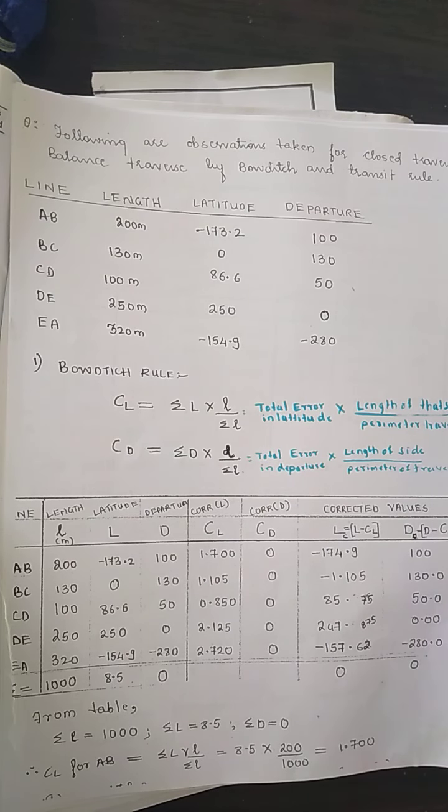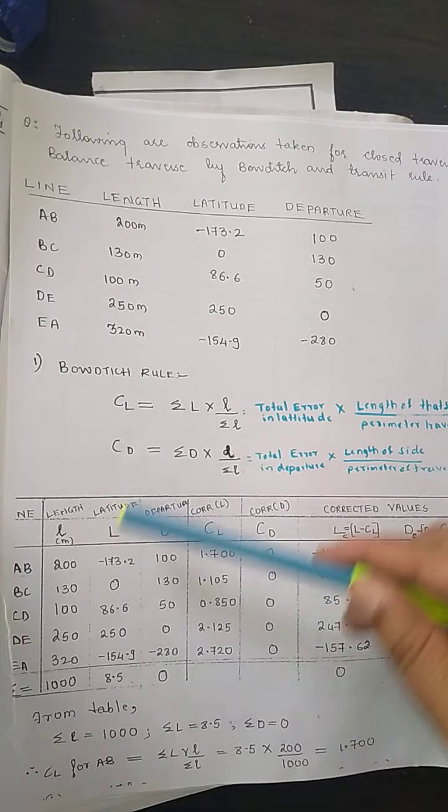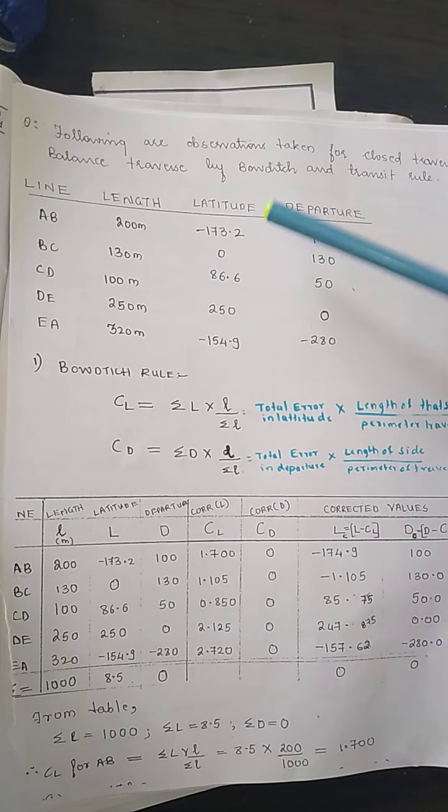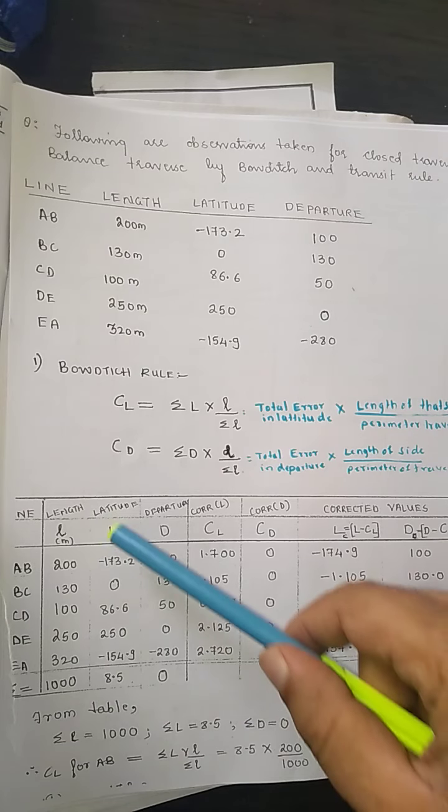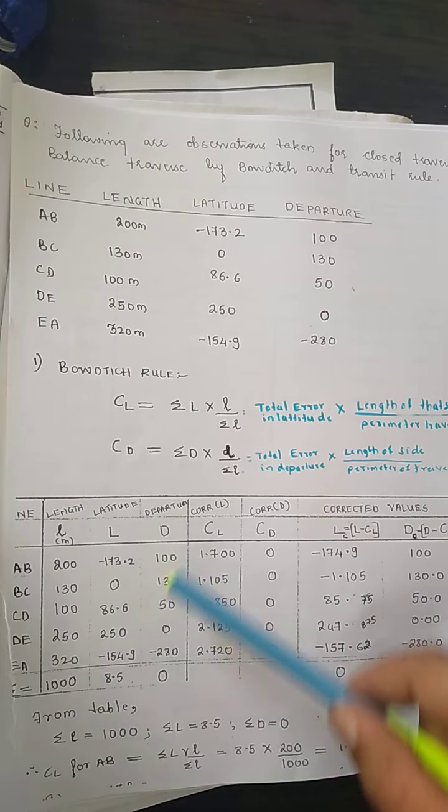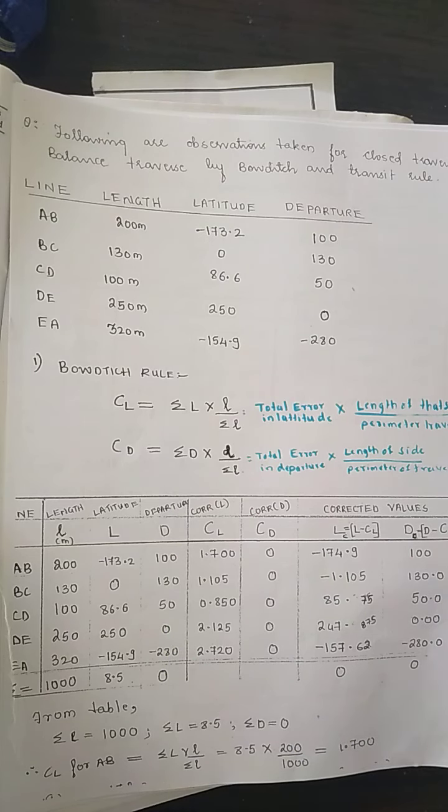After giving the problem, the first thing you need to do is write down the length, latitude and the departure. And first, you need to find out the total error in the latitude and the total error in the departure. How can you do it?